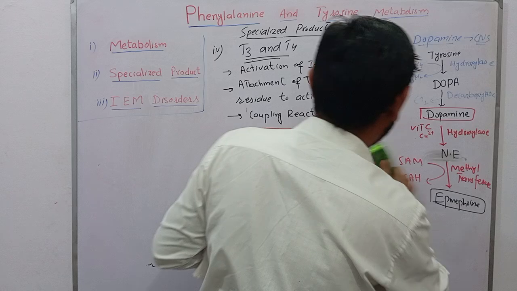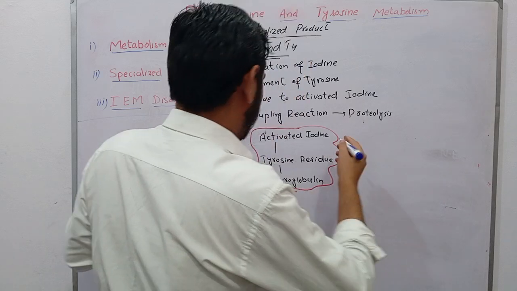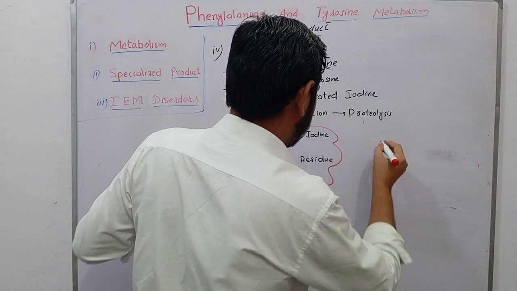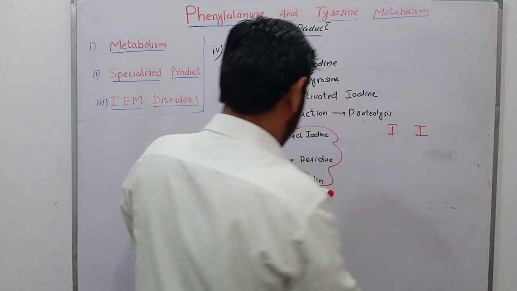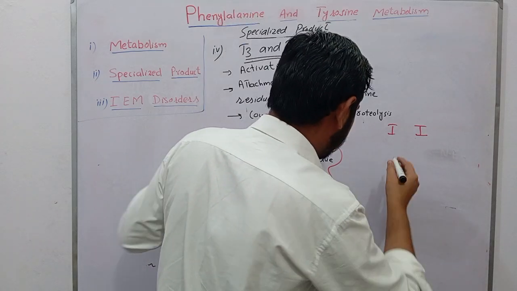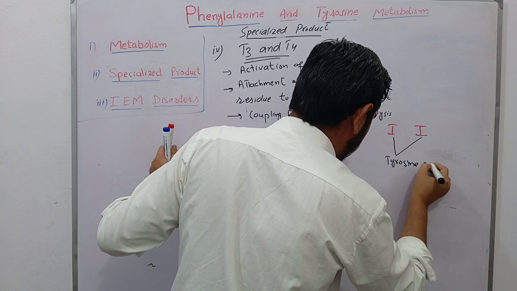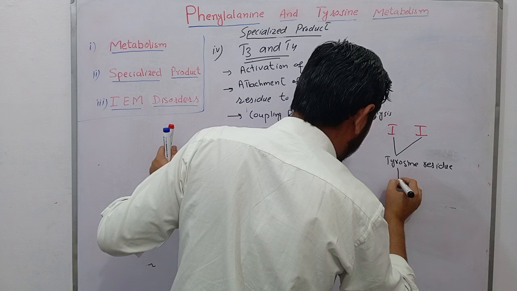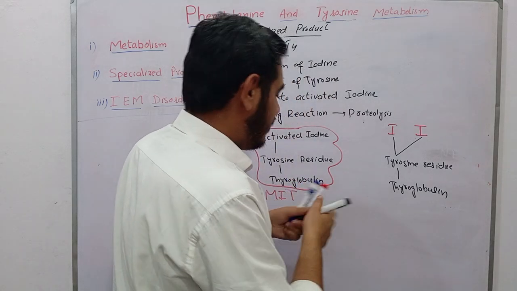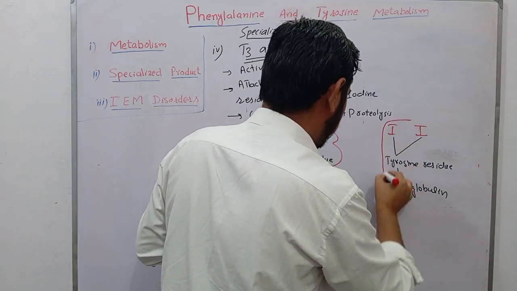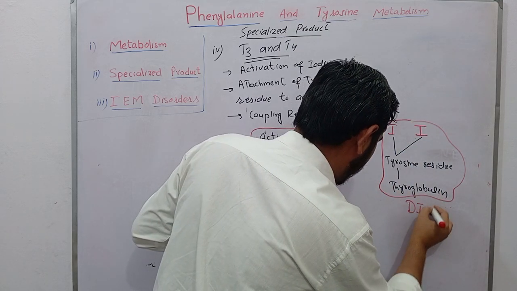Now here there is activation of 2 iodine, and in the next reaction there is attachment of tyrosine residues of thyroglobulin, and this complex leads to the formation of diiodotyrosine.